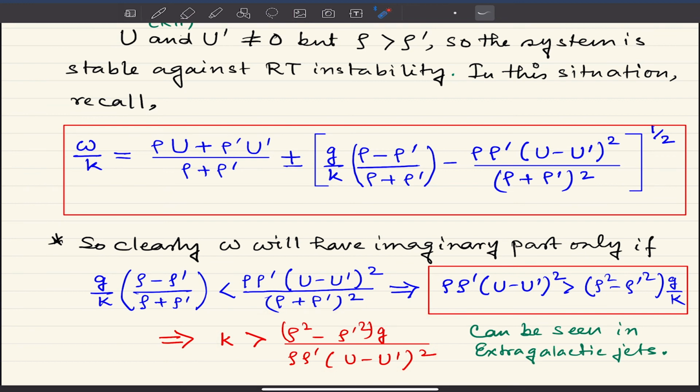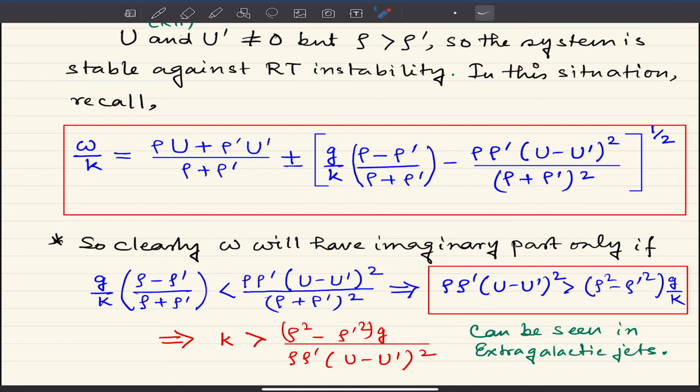And Kelvin-Helmholtz type of instability is also important for solar physics. Maybe I will come to that later. Also, where you can see some flowing river and just on the river surface some wind is also blowing, then the surface is actually undulating. That is the clear signature of Kelvin-Helmholtz type of instability.